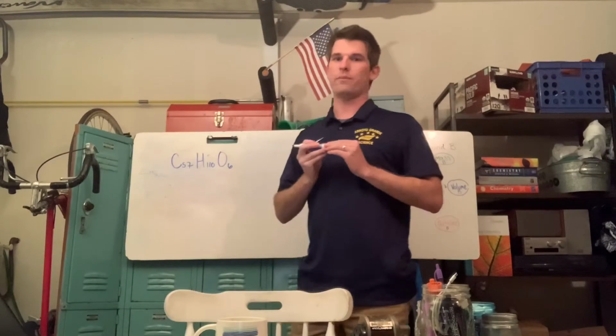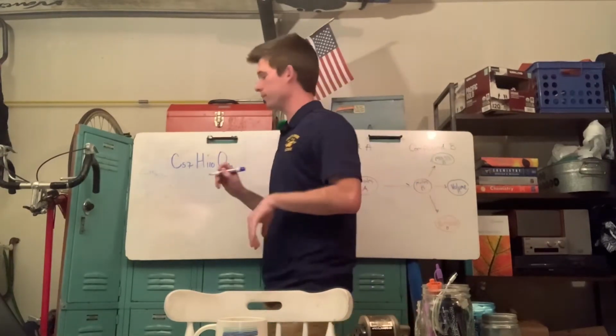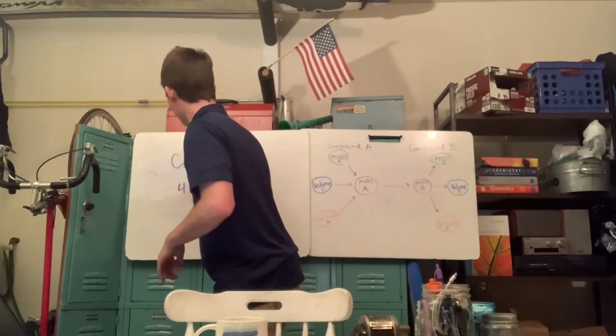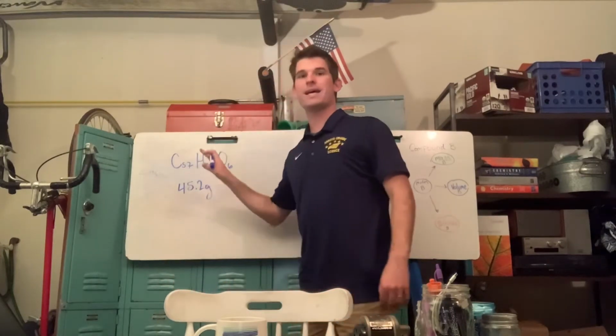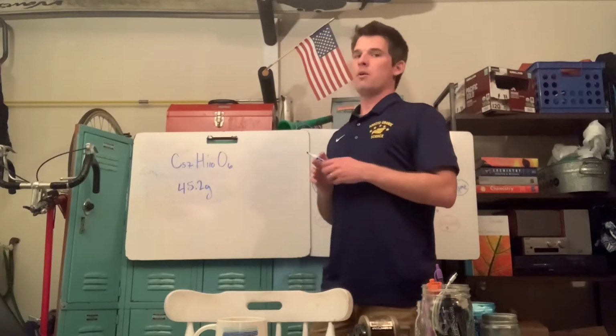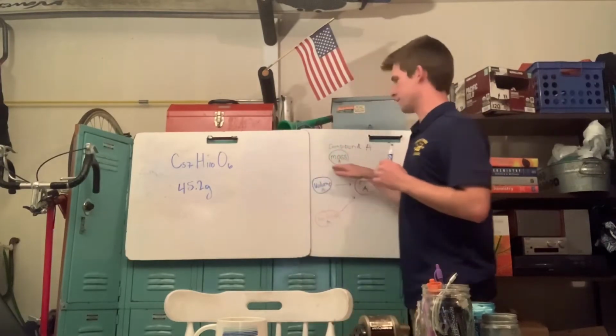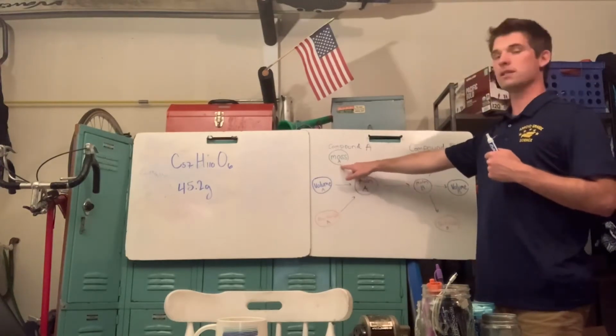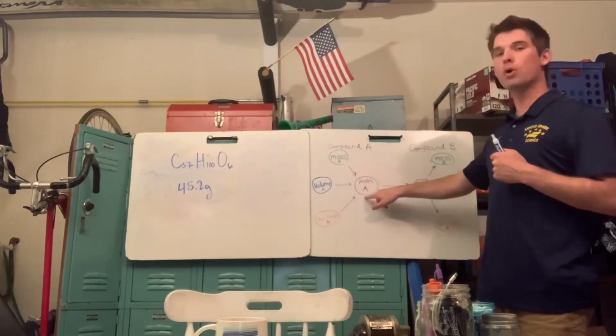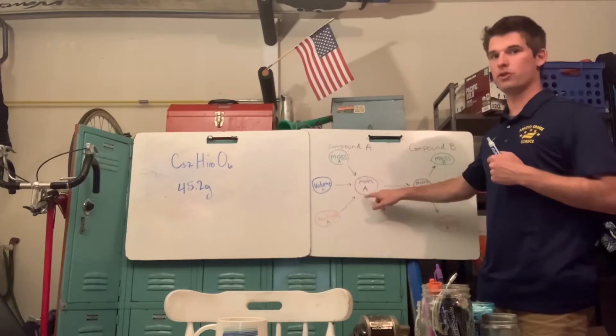That's going to be the chemical. And I tell you that there are 45.2 grams of this chemical. Okay. But your goal is not to tell me what the mass is, because I told you what the mass is. You need to convert that mass of the chemical to how many moles of that chemical you have.